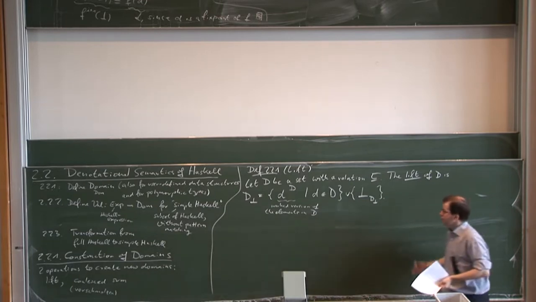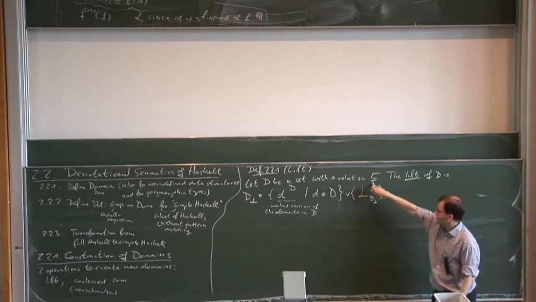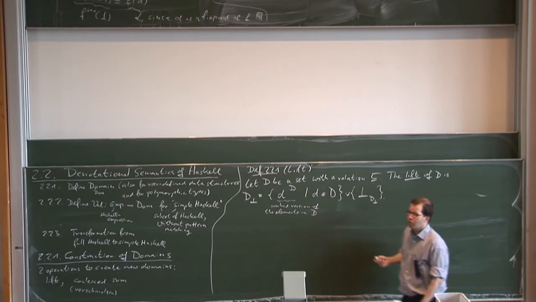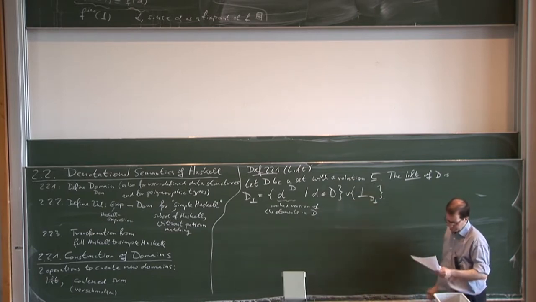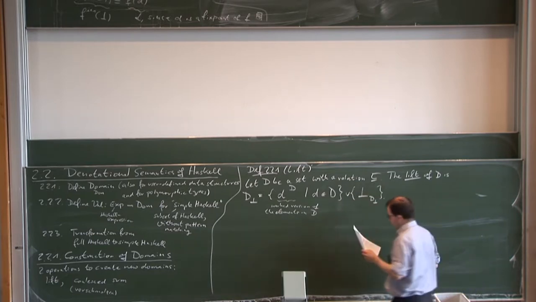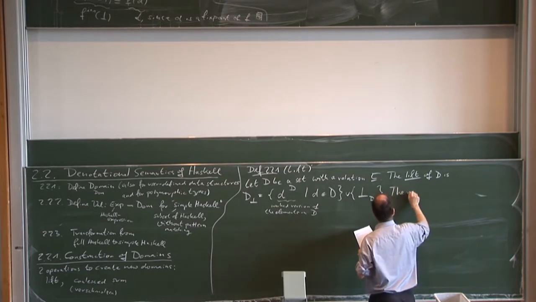Now, how do we define the relation? We have a less defined or equal relation on D, and we also want a less defined or equal relation on D bottom. And how will this be defined?